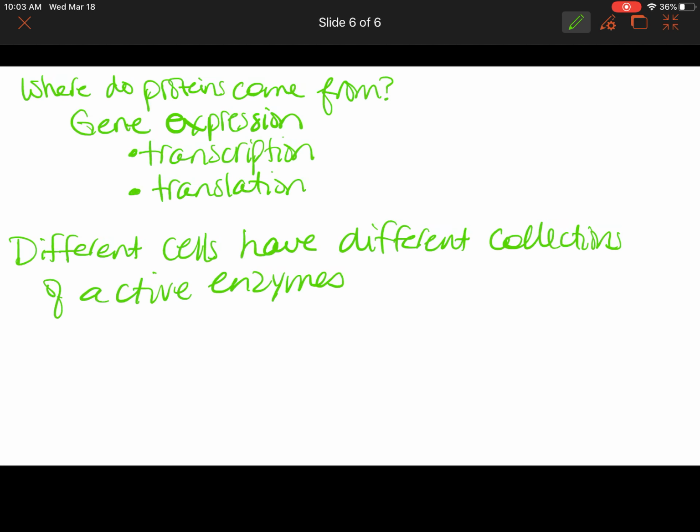Well, melanin is a product of a metabolic pathway that is catalyzed by enzymes, but melanin itself is a pigment. So when we have genetic disorders, say albinism, albinism is a lack of melanin.